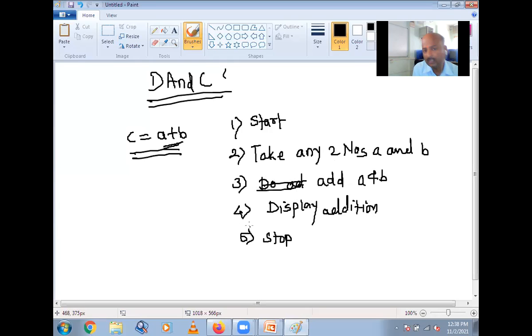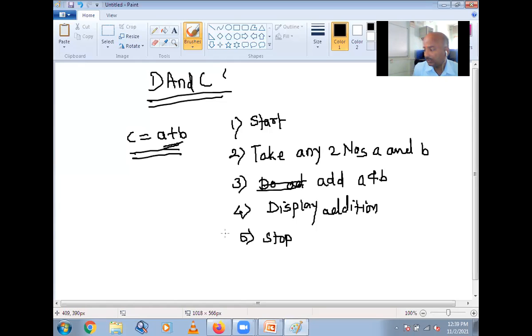So while writing an algorithm, you should see if the algorithm is easy, you can write it directly. If the algorithm is difficult, then divide it into subparts. Okay.